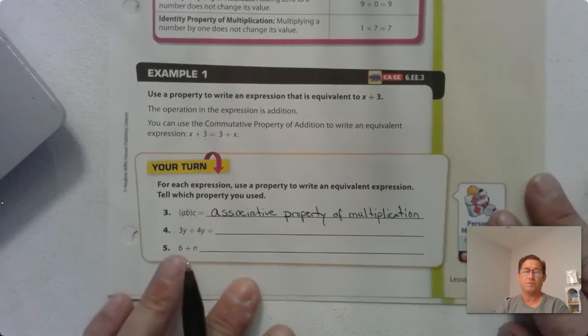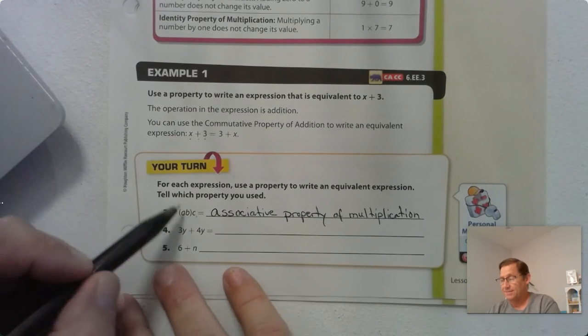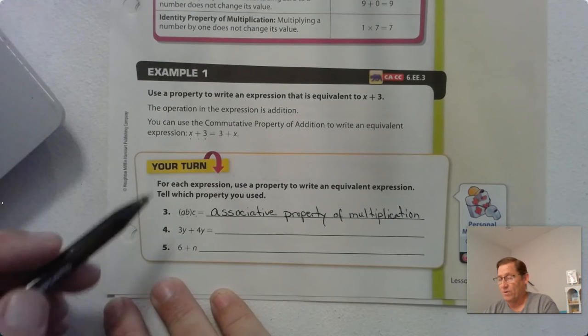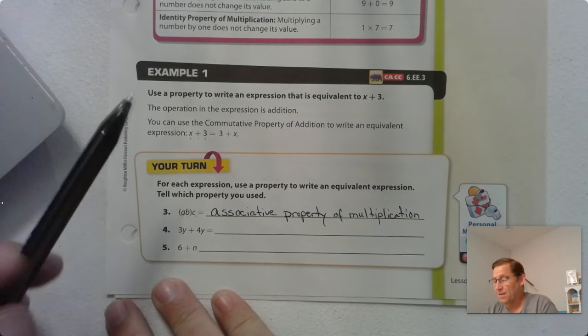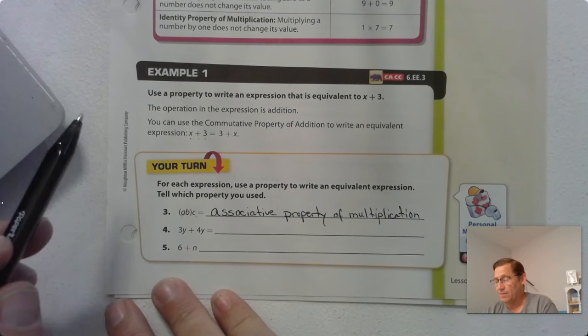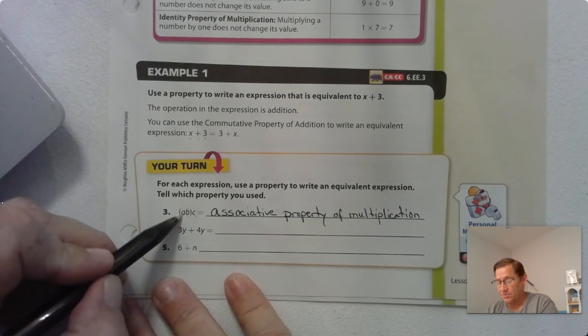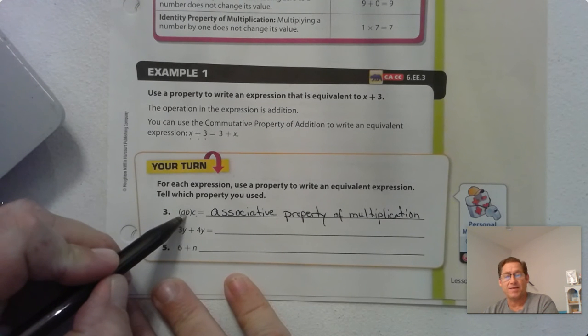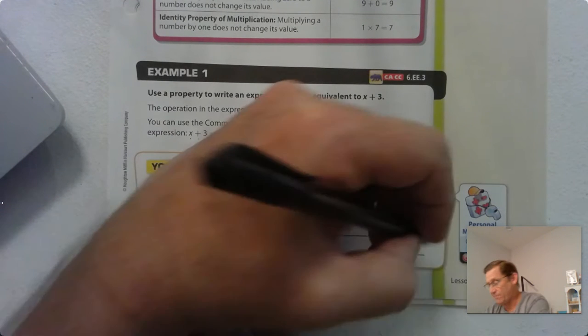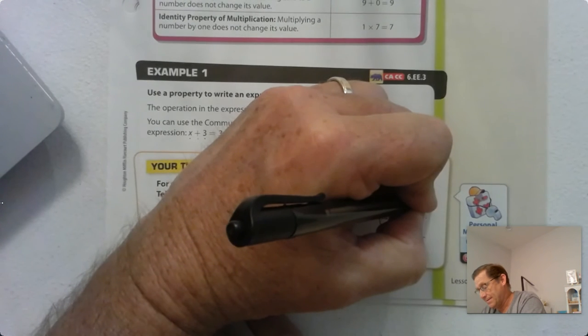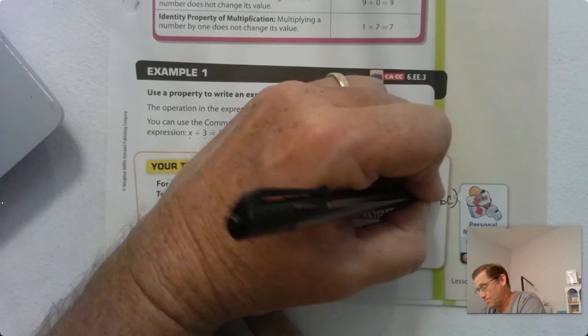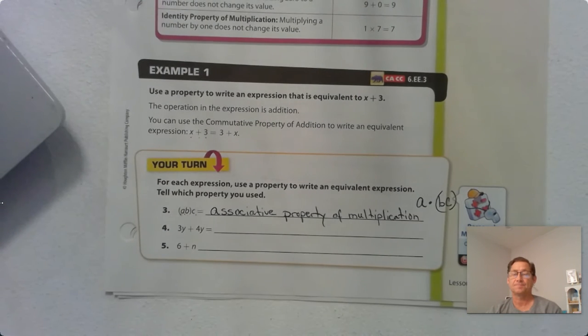Okay, so the associative property of multiplication again says that when multiplying more than two numbers, the grouping of the numbers does not change the product. So here we have A times B, but I'd get the same product if I went A times B times C. Okay, so just how they're grouped.